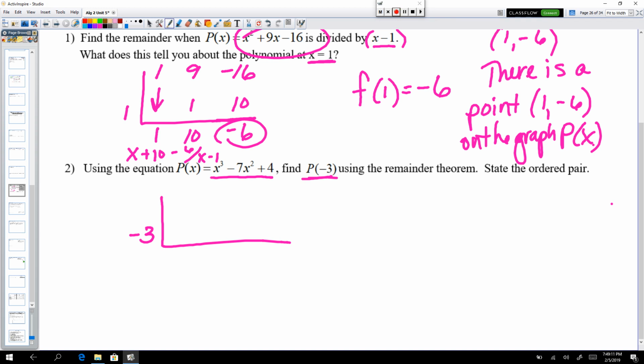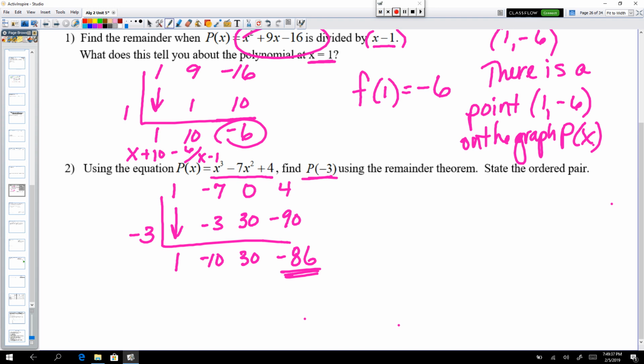We'll grab the coefficients, so 1, negative 7. Notice that the linear is missing, so we have a 0 and a 4. Let's pull that negative 3 out of there. So pull the 1 down, multiply up, add down, multiply up, add down, multiply up, add down. And notice that the negative 86 is your remainder.